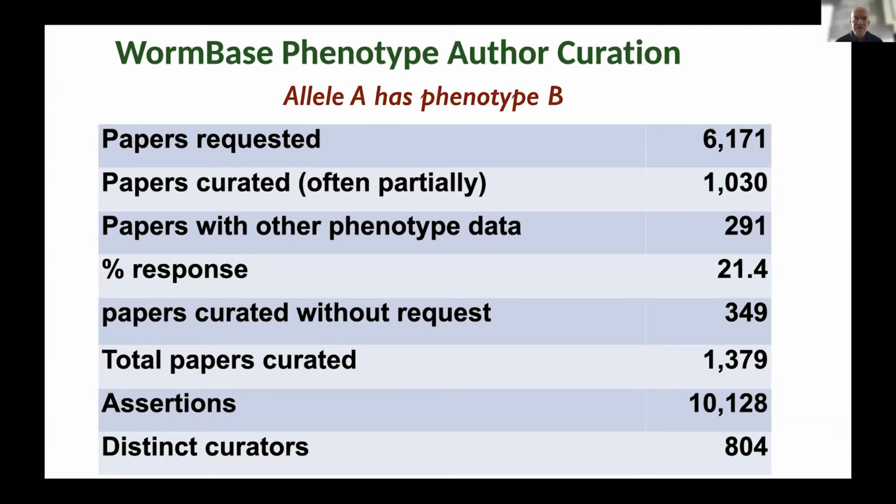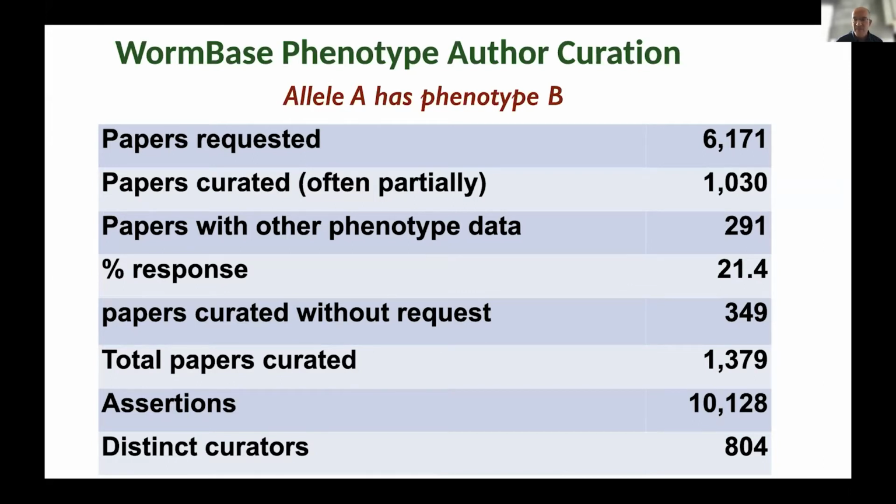And our experience is that it works. It's a more efficient use of curator time doing the quality control and developing the whole process, but not highly leveraged, because only about 20% of the authors respond, and the papers are only partly curated. But if you track that, at least we do get information.